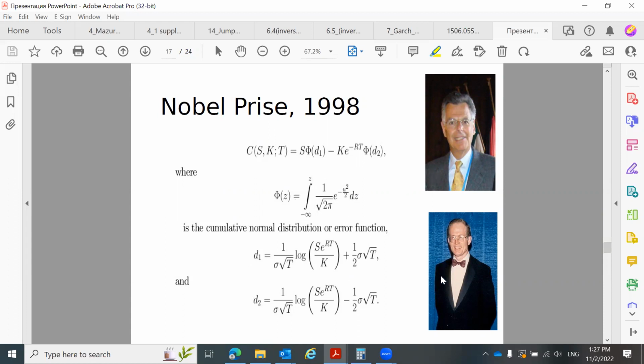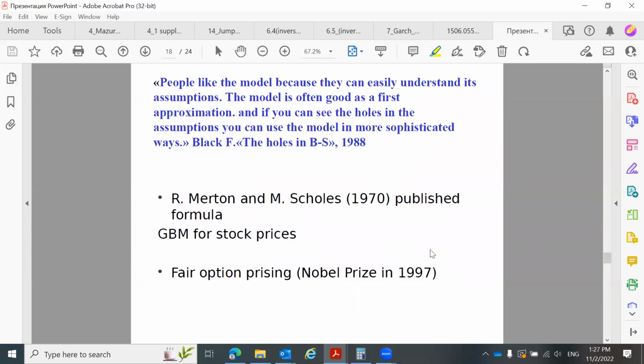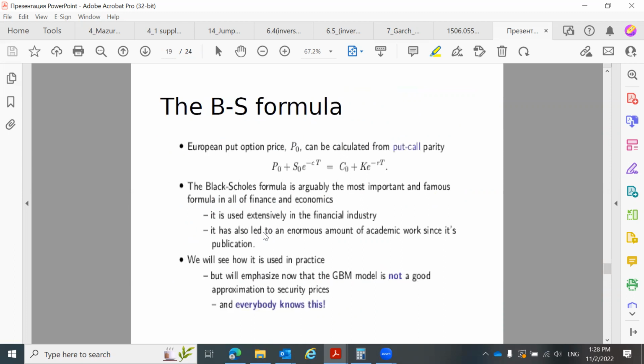And on these pictures you can see Black-Scholes. And this formula was published in 1973. And this model is often good as a first approximation. And really, this formula led to the boom in option trading, and had a huge impact on the theory of probability.